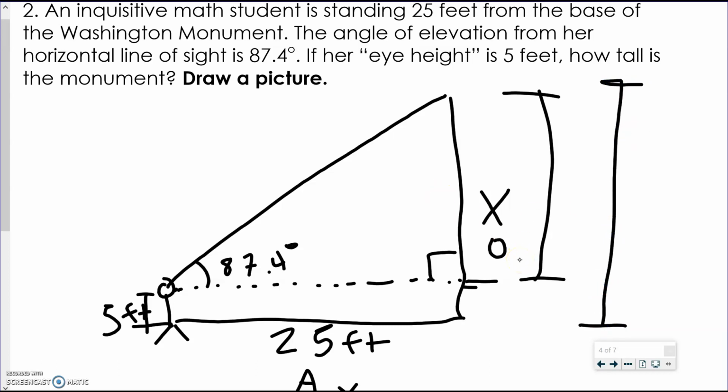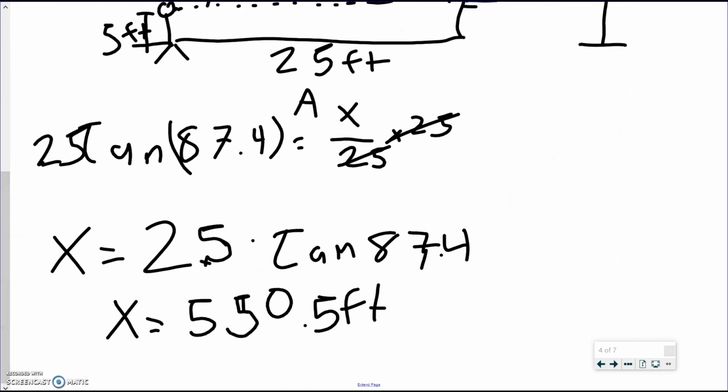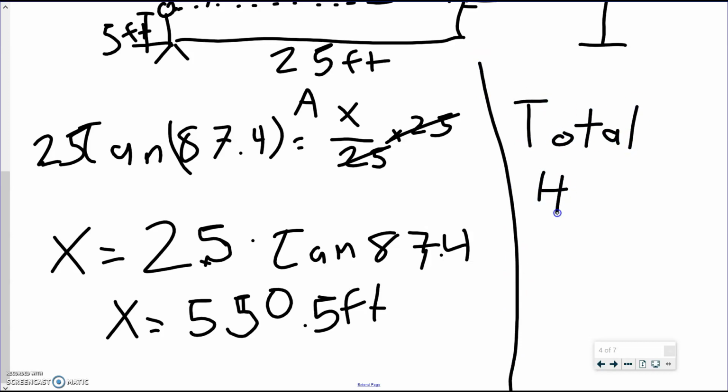So if we know that this is 550 right here, and this is 5, to find the total height of the monument, we would just take x plus 5. So it would be 550 plus 5, in which the total height, I'm going to write it over here, would be 555.5.